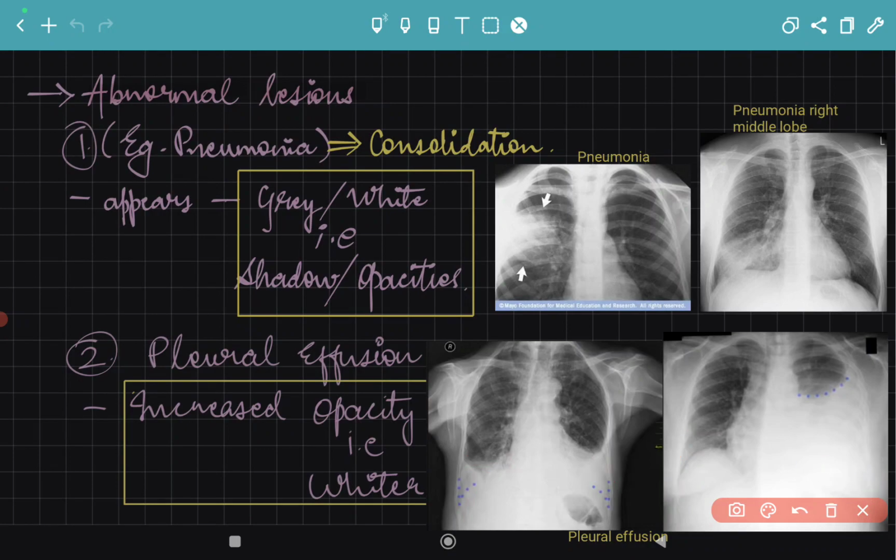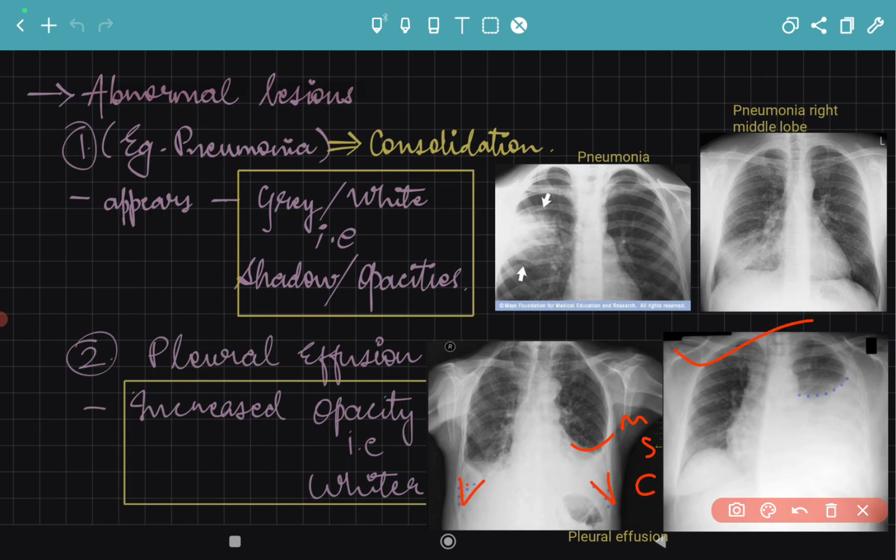The third sign is the Silhouette sign, that is the interface between this fluid or the effusion and the heart borders and the hemidiaphragm is indistinct, which is called the Silhouette sign. So three things: meniscus, then Silhouette sign, and the obliteration of those costophrenic angles can be seen.